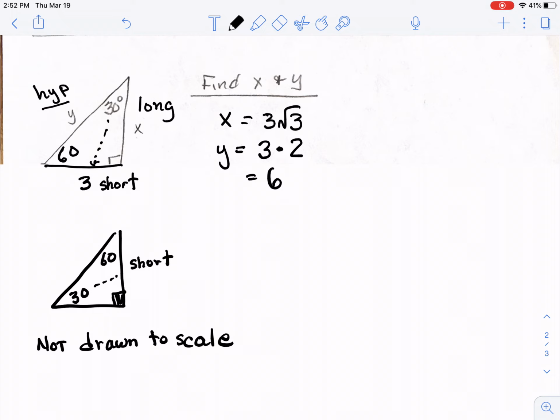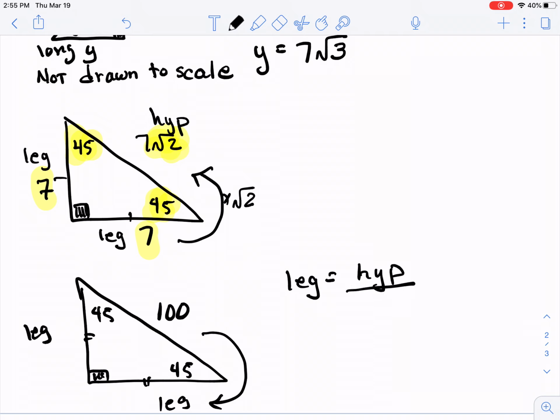So I'm going to get my leg. I guess I could have called it x or something. I'm going to take the hypotenuse and divide it by our magic number, the square root of 2. So my leg, if I call it x, is going to be the 100 that I know, divided by our magic number, square root of 2.